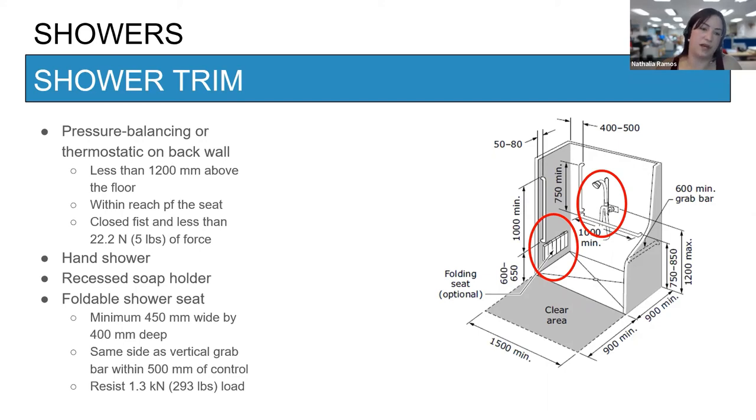For the accessories, it has to have a recessed soap holder and a foldable shower seat. The shower seat has to be minimum 450 wide by 400 deep, same side as vertical grab bar within 500 of control, and has to resist 293 pounds of load capacity, same as the adult change table.